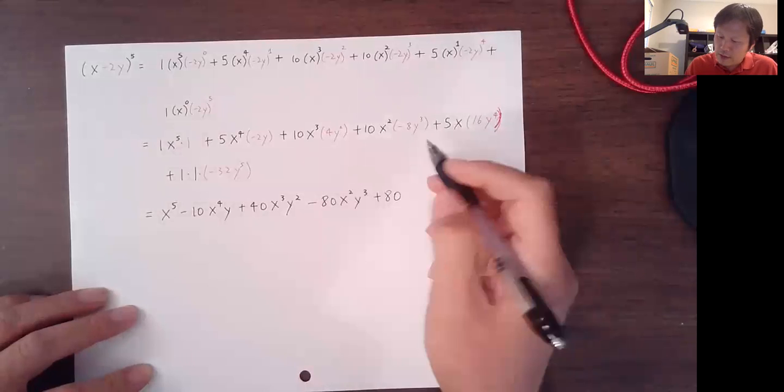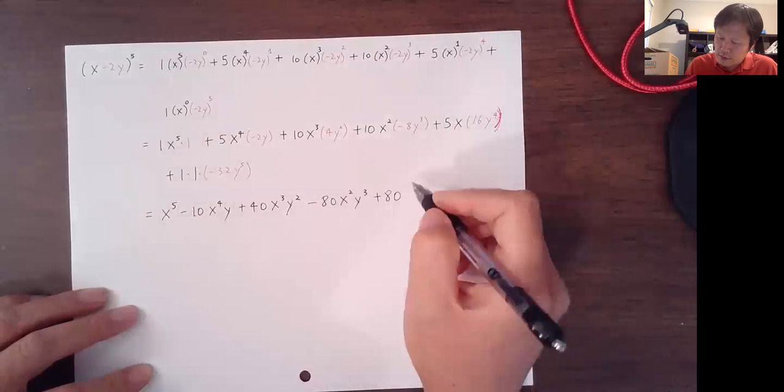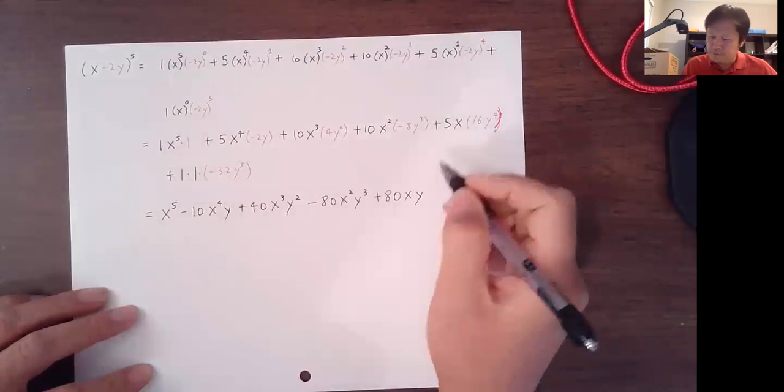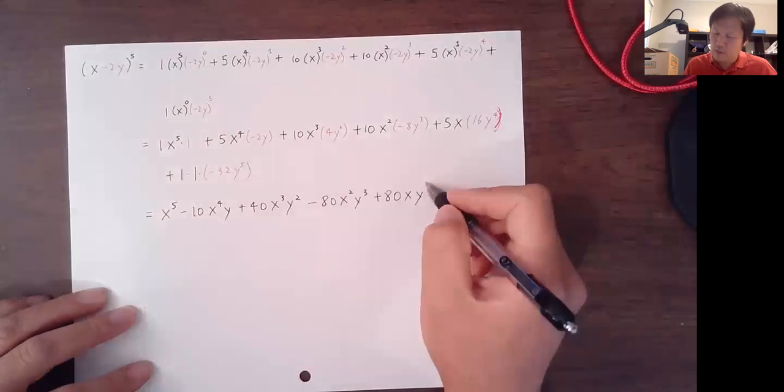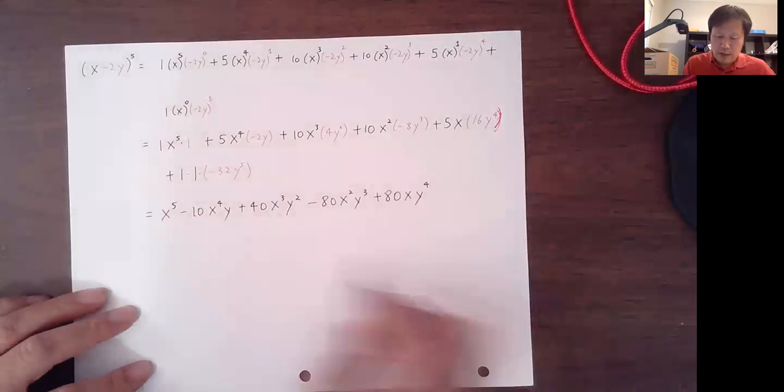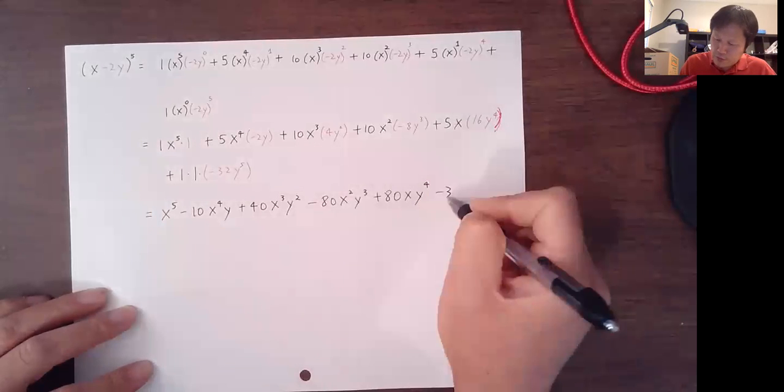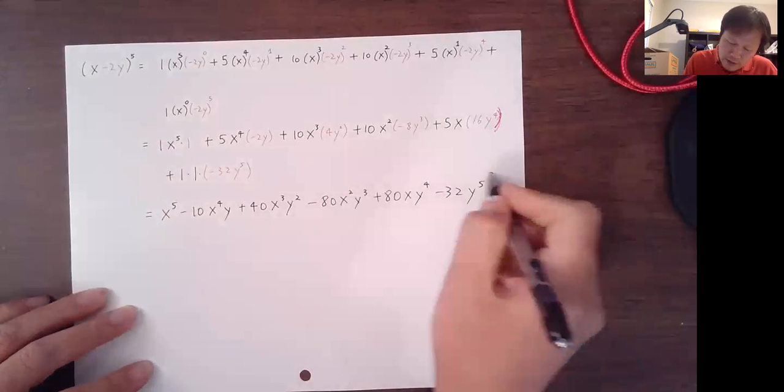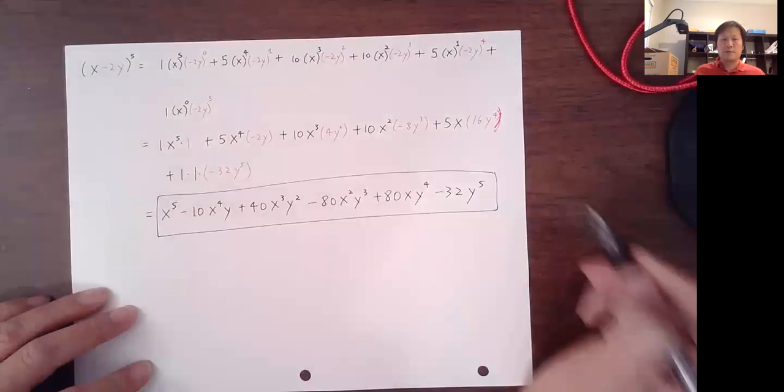Plus 80 x y to the 4th power. Minus 32 y to the 5th power. Okay, that is your final answer.